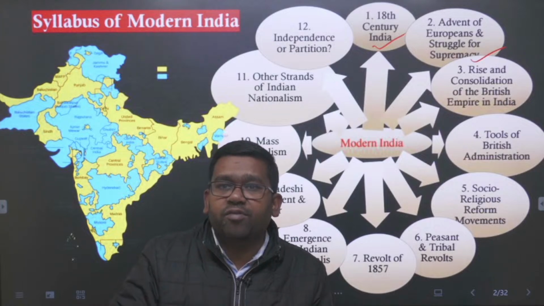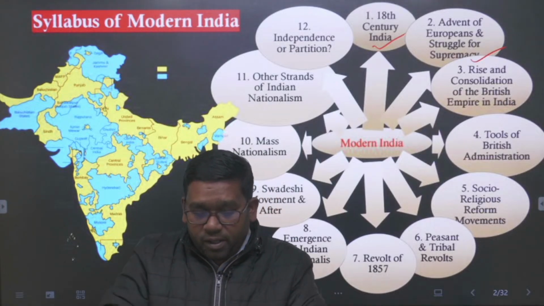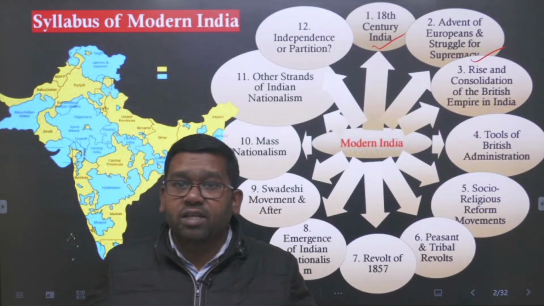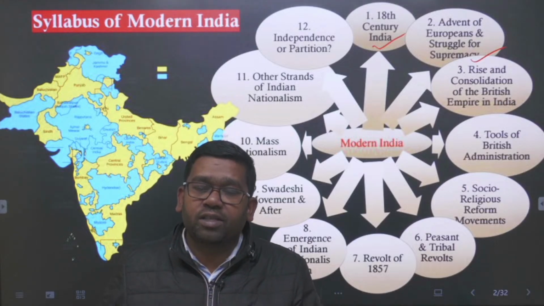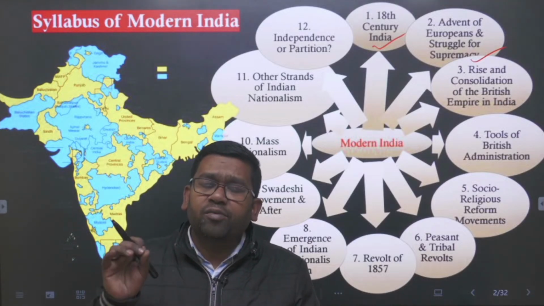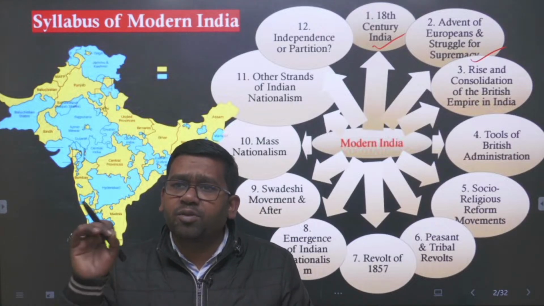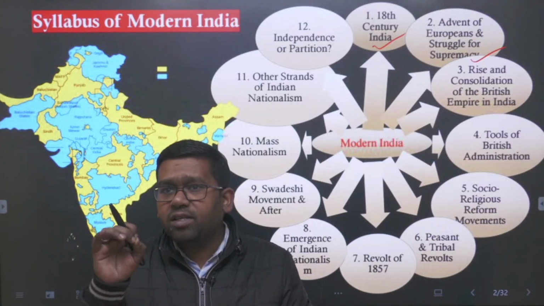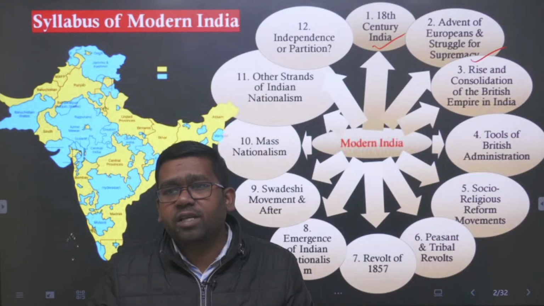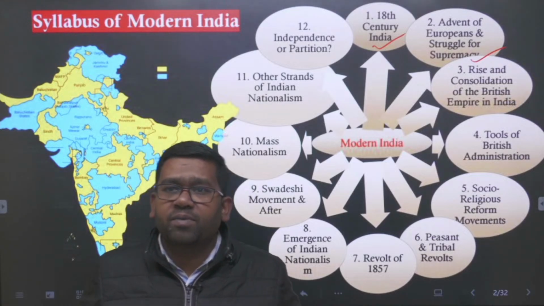There are 4 major reforms in the administrative system in India. Then they brought different policies, an education policy and a cultural policy. These are the different ideas and ideologies through which the British ruled India, which will be discussed in chapter 4, the tools of British administration in India.